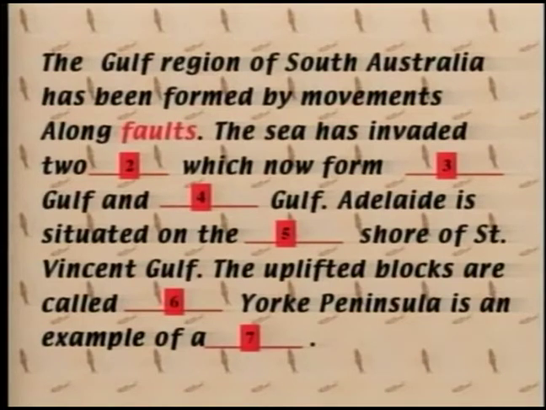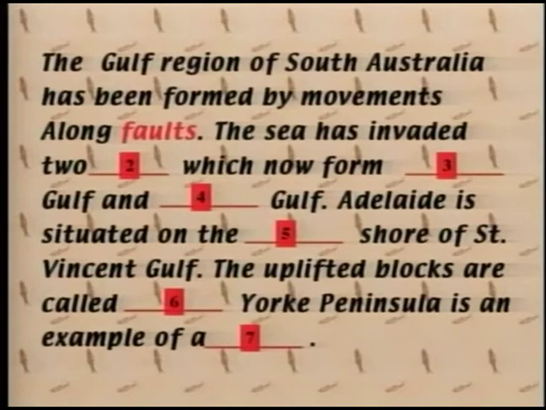Rift is correct, or rift valleys is correct, or graben, yes. Grabens is also correct. So any 3 of the words in that space should be correct. Down-faulted areas or sections, rift valleys, or grabens, which now form what should go in number 3? Spencer Gulf. Okay, Spencer Gulf is correct.